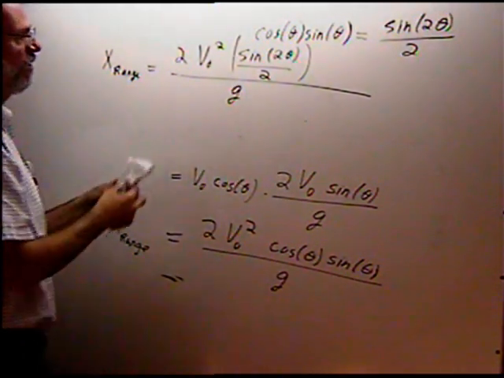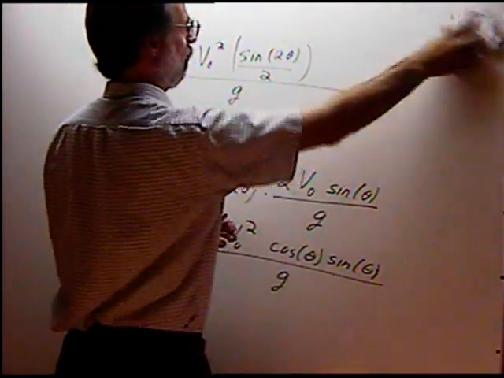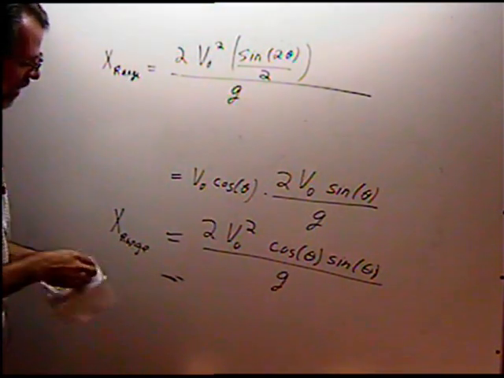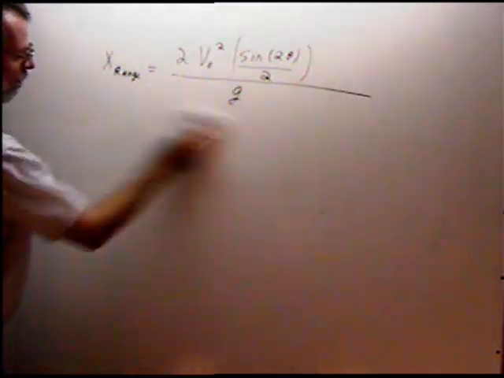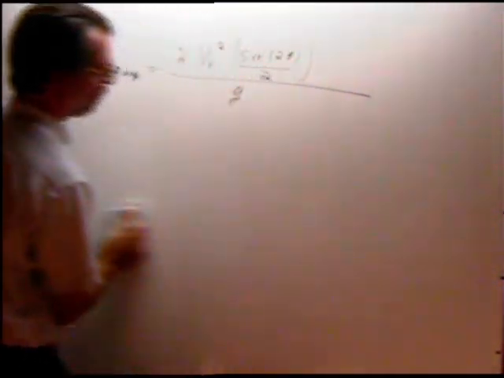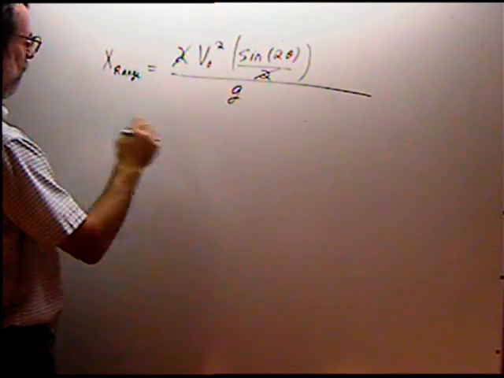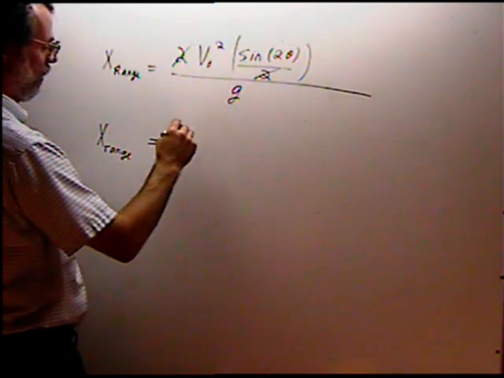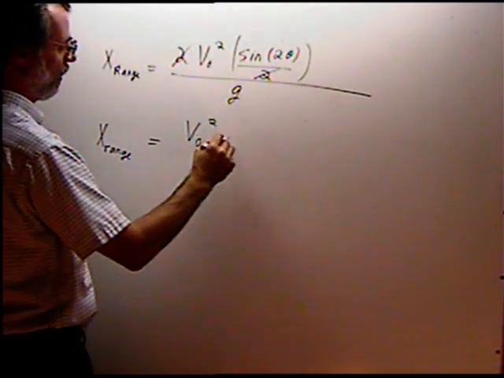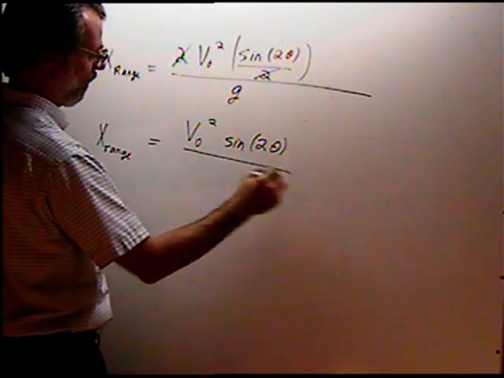I'm going to erase this so you don't get confused here. Notice I can cancel out these 2's, and what I'm left with is that the range is equal to V0 squared times sine of 2 theta, all divided by g.